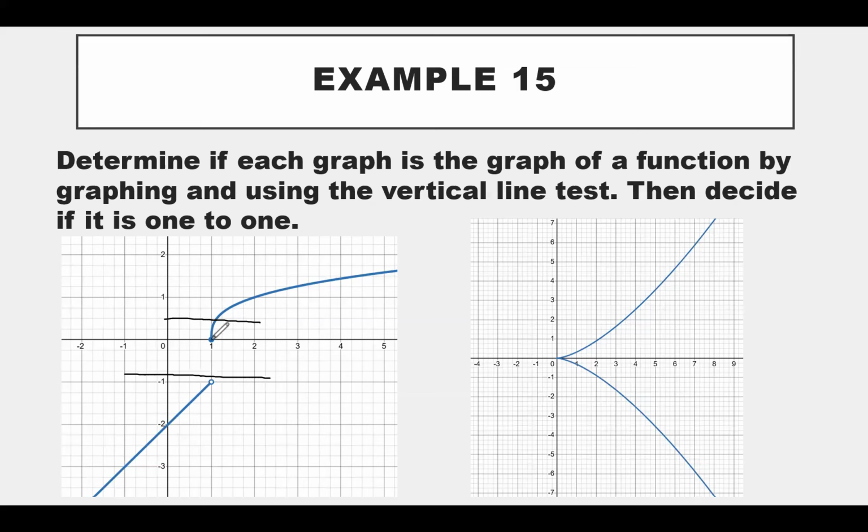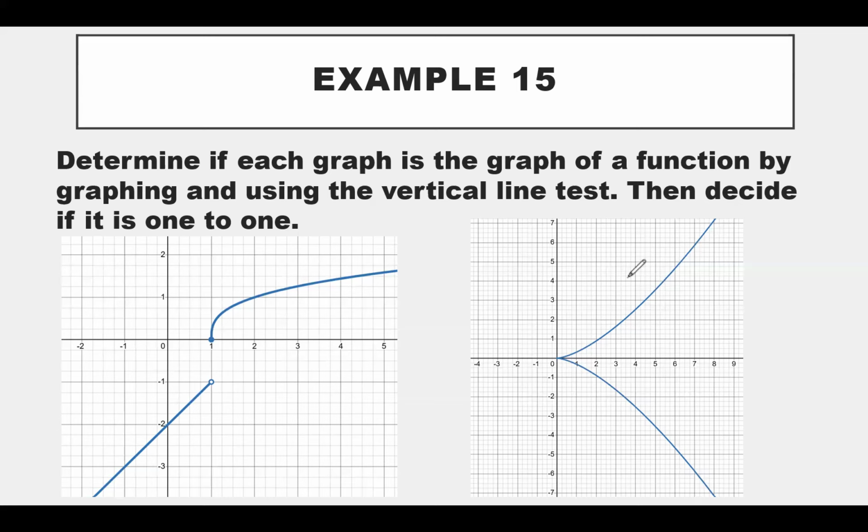Anywhere above 0, the y value of 0, I only cross through one spot as well. So the one on the left, even though it has a little gap in here, it's still a function and it is still one-to-one because it passes the vertical line test, so therefore it's a function, and then it passes the horizontal line test, so therefore it's one-to-one.